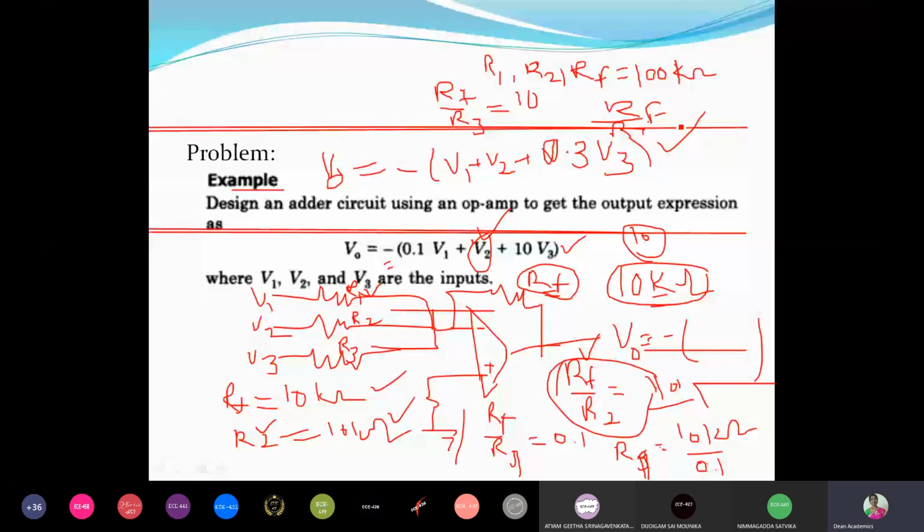How much is it? 333.3 kilo ohms, ma'am. Very good. RF by R3 is equal to 0.3. Now you can calculate R3.